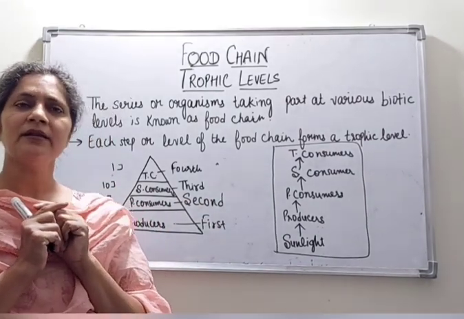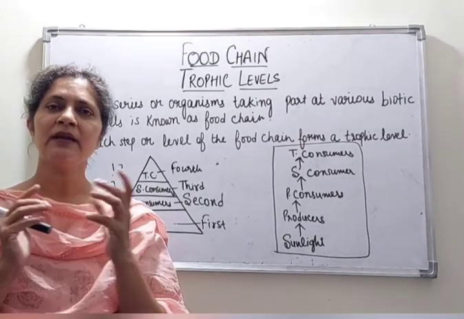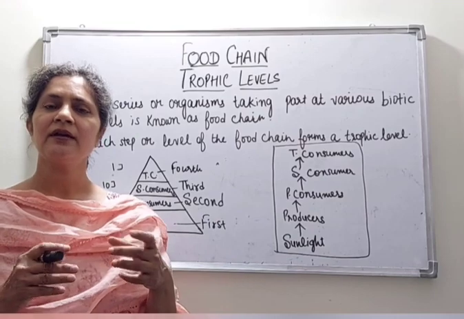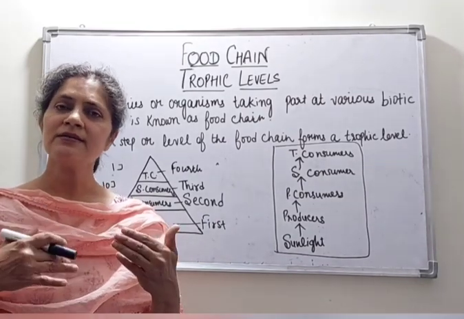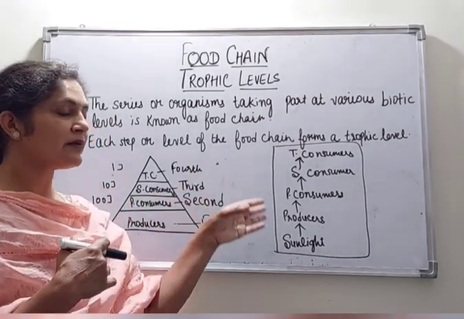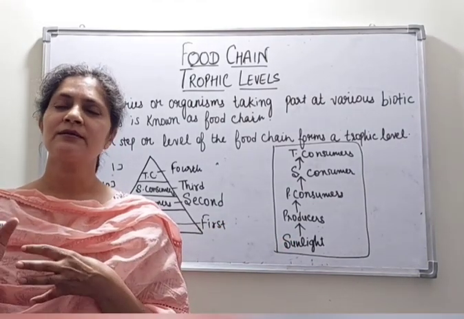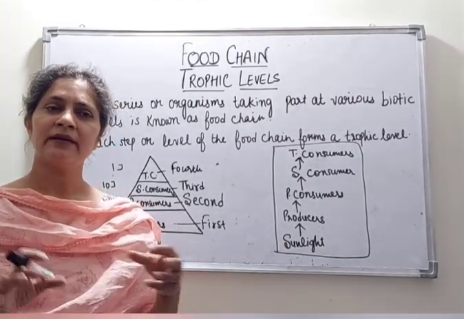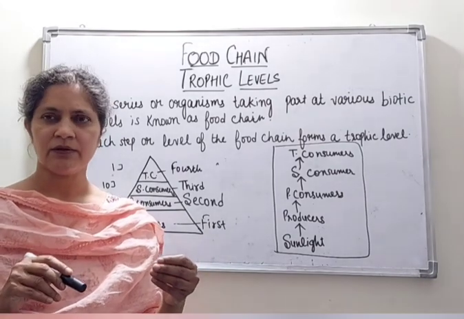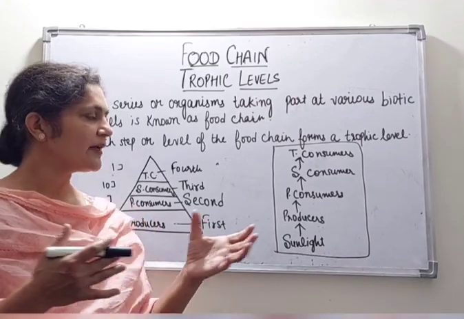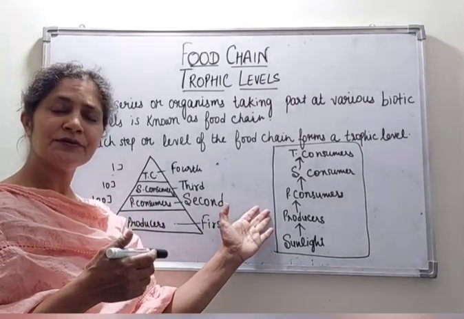Second thing is that we often have seen that many chemicals, many pesticides enter into our body. How is it so? They also enter through these levels or food chain. In soil we put a lot of pesticides and chemicals for a better crop. These chemicals enter into the plants, into the producers.